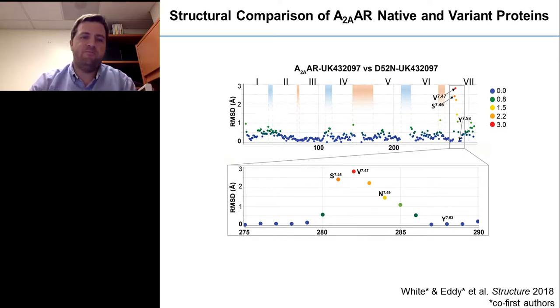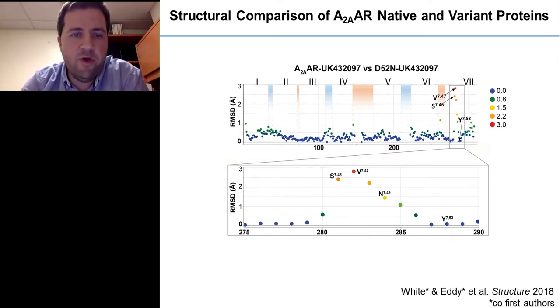So that comparison is a little bit better illustrated in this RMSD plot of the superposition of the two proteins. You can see at the top, in the top panel, when we're comparing the differences between the structures, there's essentially no difference, except for a region that is local to the site of the mutation, and that's expanded in the lower box there.